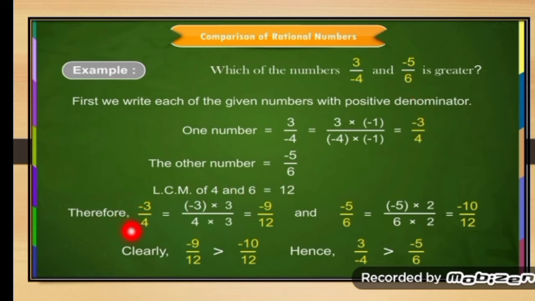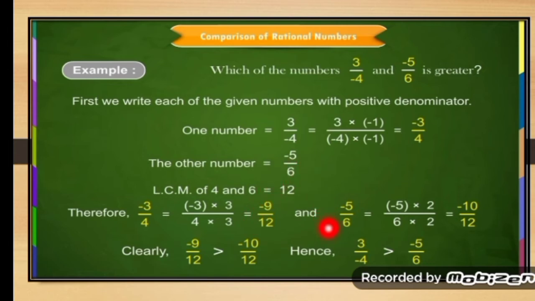-3/4. To make 4 equal to 12, we will multiply both numerator and denominator by 3. -3 multiplied by 3 will be -9 and 4 multiplied by 3 will be 12.